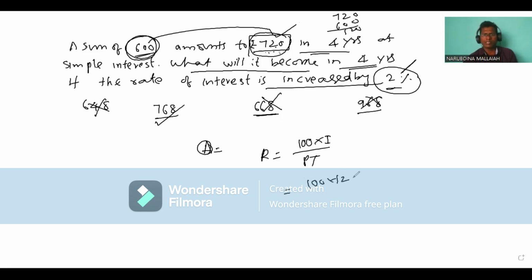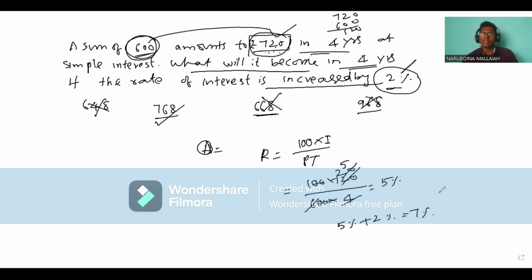So I am writing 120 interest by principal 600, time period 4. 2 zeros get cancelled. 6 ones are 6, 6 twenties, 4 ones, 4 fives. That means 5%. The earlier rate is 5%. Now 2% is increased, so add 2% and it becomes 7%.